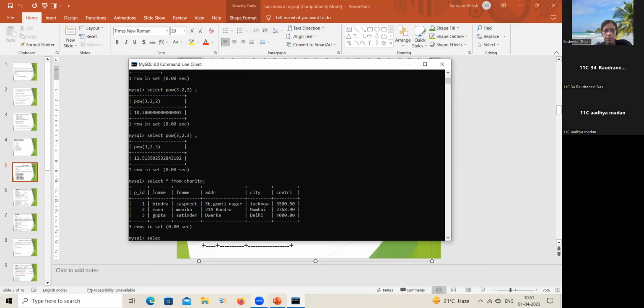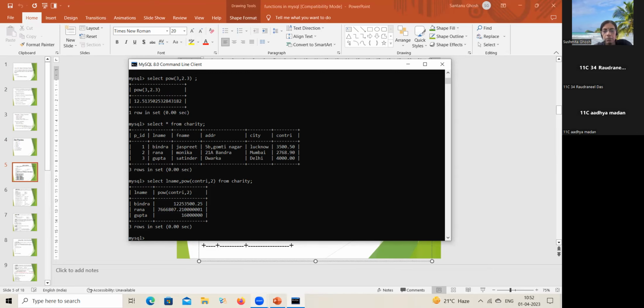Okay, so I'm saying select L name, comma, power of the country, comma, maybe 2 or 2 square from charity. अब इसमें from charity लिखना compulsory है because country and L name you will not get others. Yes, capital. ठीक है?